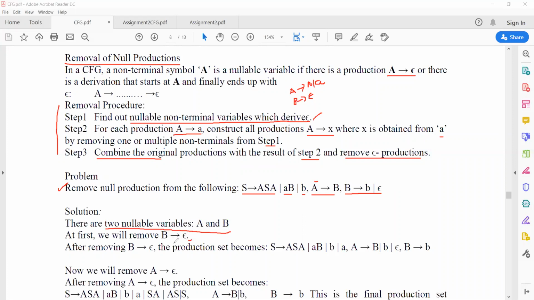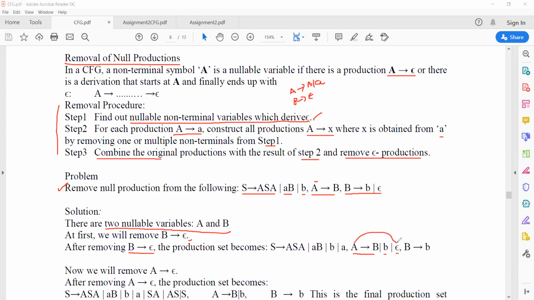If you are going to remove that B produces null, what happens in the case of A produces B and B produces b respectively? If you put the B produces null into A produces B, you will get two things: either A produces B, or A produces small b by replacing B. And obviously by replacing B with null in A produces B, you will get A produces null.